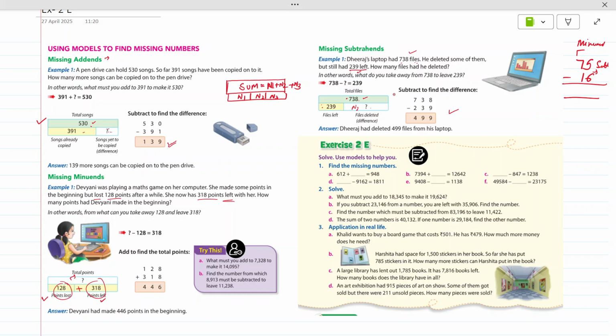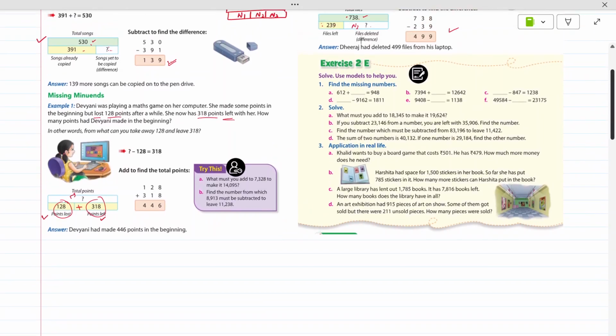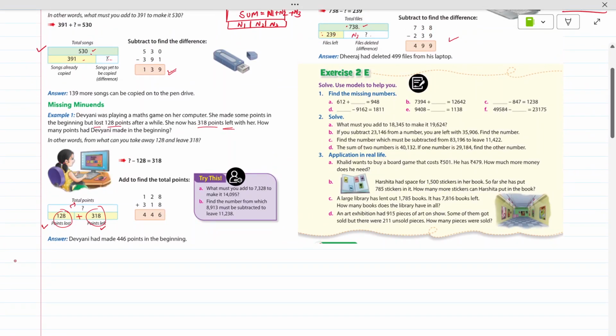I think this is very clear to you now, and now let us begin with the exercise. Answer number 1, A part: 612 plus something will give us 948, and we have to find this missing number, kids.